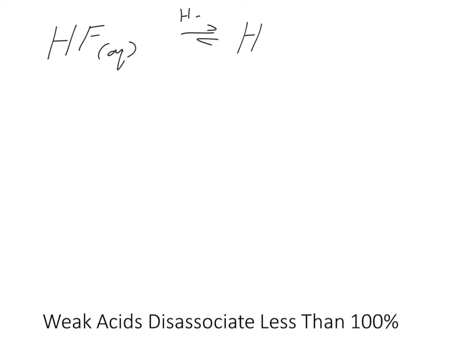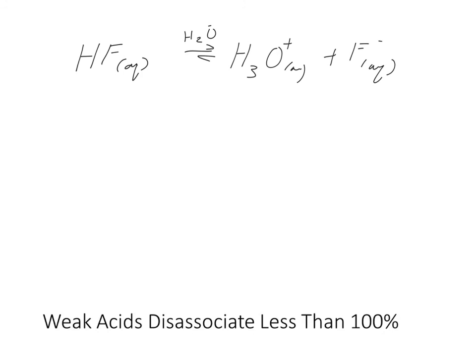Hydrofluoric acid, placed in water, forms the hydronium ion and the fluoride ion. However, it doesn't want to do so with a 100% commitment. Weak acids, simply put, are acids with commitment issues.